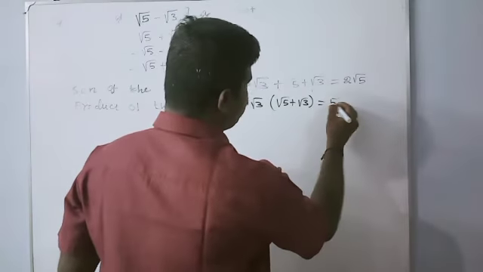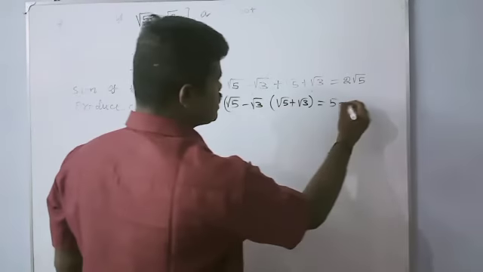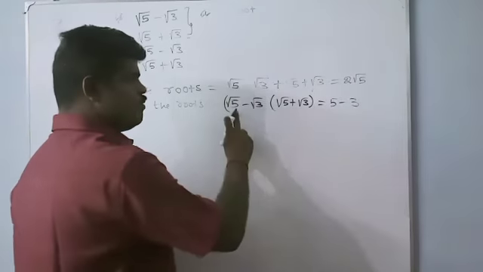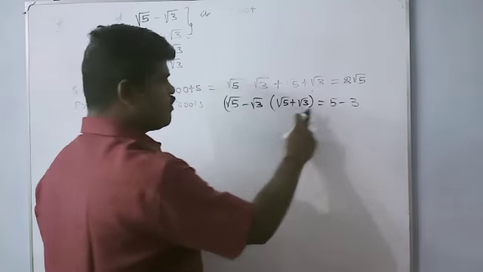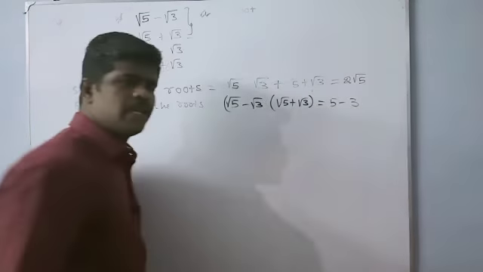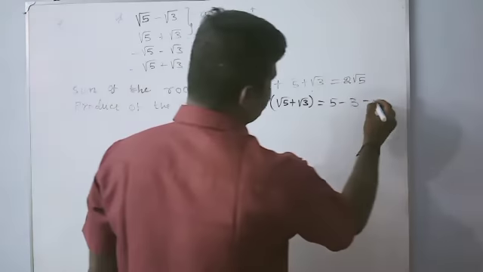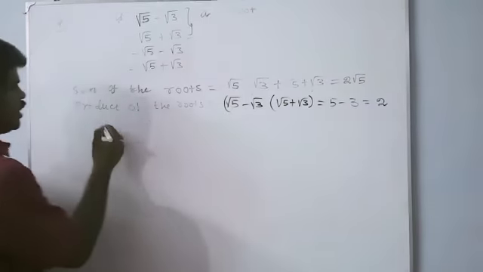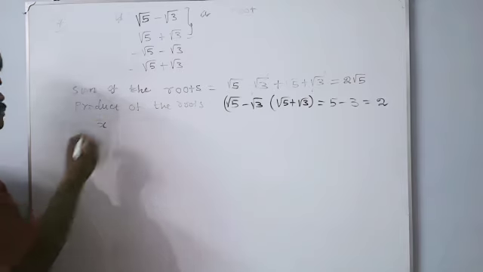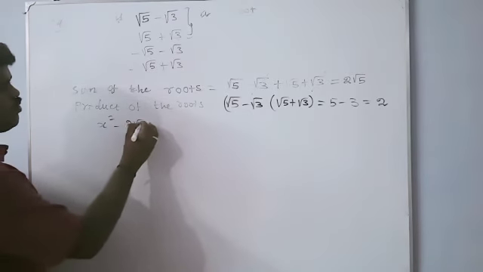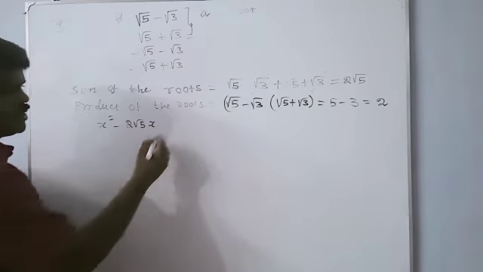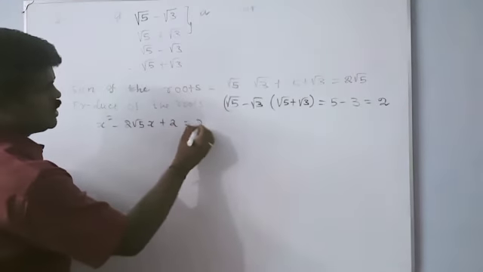So what is the value? a square minus b square. a square means root 5 square, 5, and b square is 3. So what is the value? This is 2. Now form the quadratic equation: x square minus 2 root 5 into x plus 2 equal to 0.